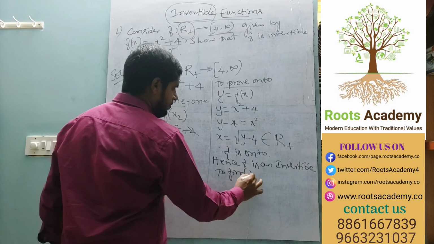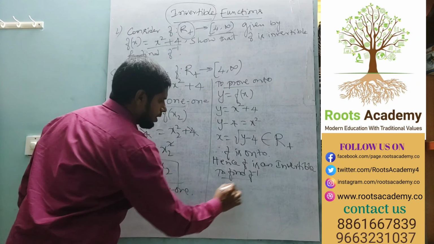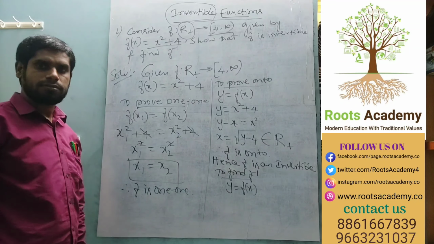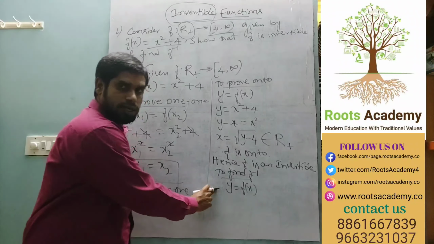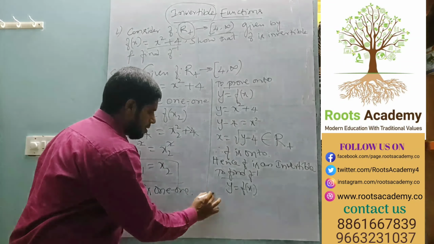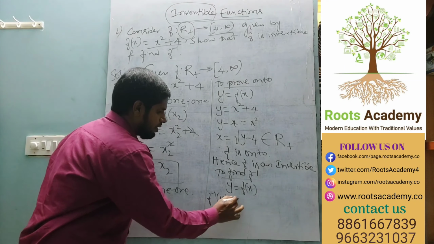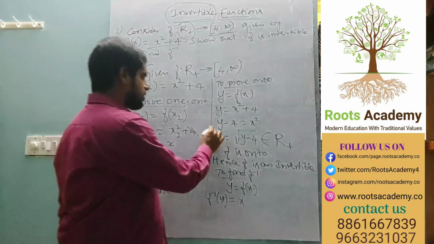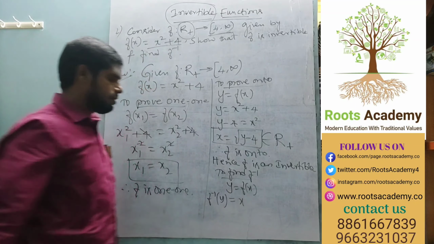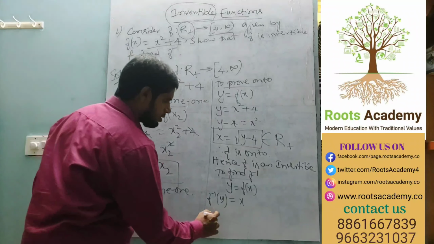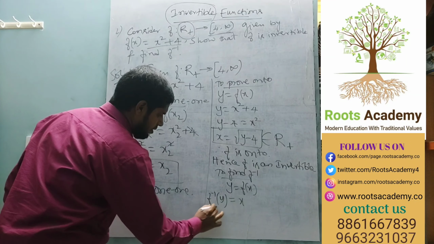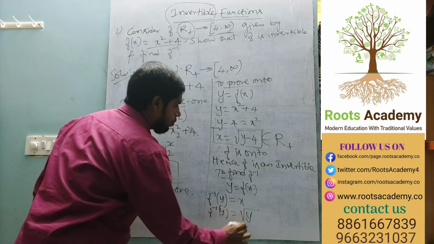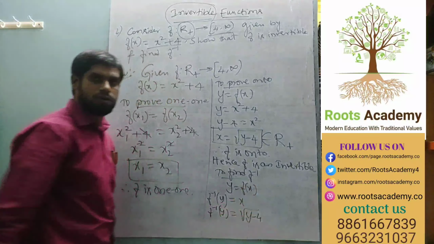To find f inverse, the condition is y is equal to f of x. I will shift the function to this side. So this becomes f inverse of y is equal to x. Now here I have the x value. What is the value of x? f inverse of y is equal to root of y minus 4.